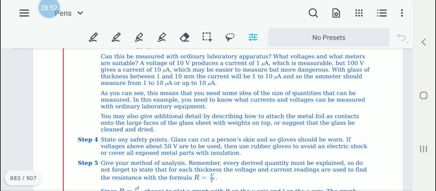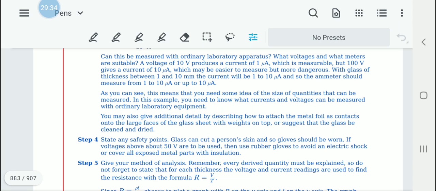That is measurable, but 100 volts will give you 10 microamperes, easier to measure but dangerous. So for thicknesses between 1 and 10 millimeter, the current will be less than 10 microamperes, and you should be able to measure less than that. So it is at least 1 to 10 microamperes, up to 10 microamperes, because when the thickness is the least, that would be the time when the highest current is going to pass through. So these things you need to have in mind.